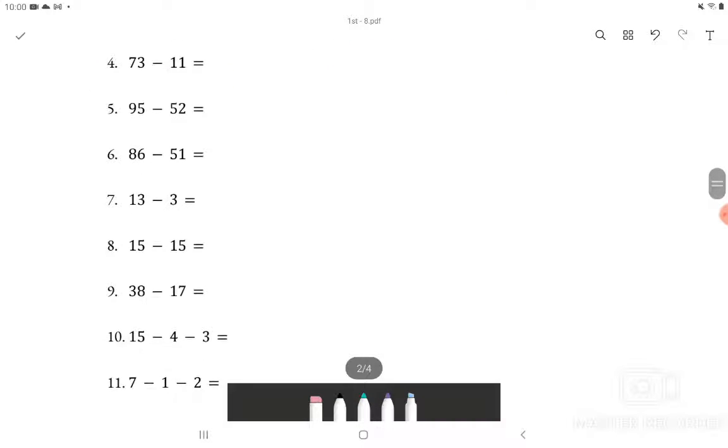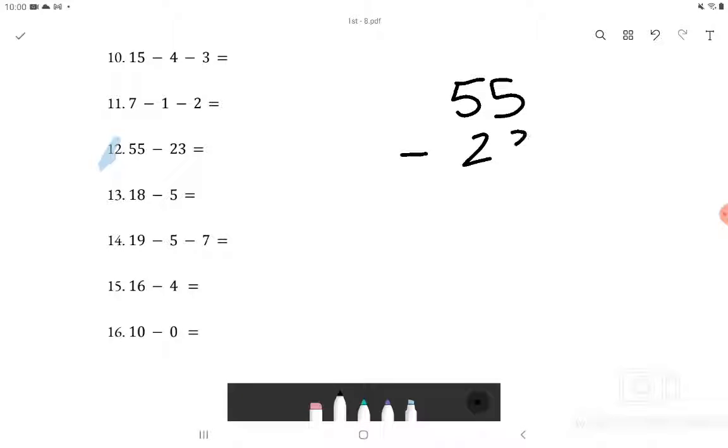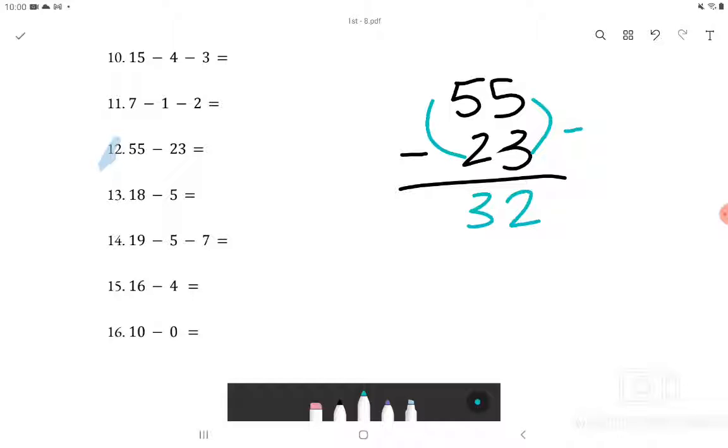Just to show you, I'll be doing number 12 in the vertical way. So 55 minus 23. 5 minus 3 is equal to 2. And 5 minus 2 is equal to 3. Just to check this, another way to solve this is, for example, start at 5 and move 1, 2, 3 steps to the left.